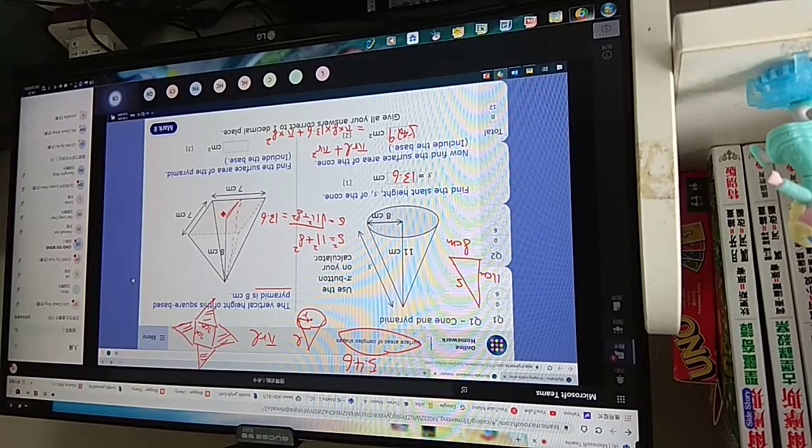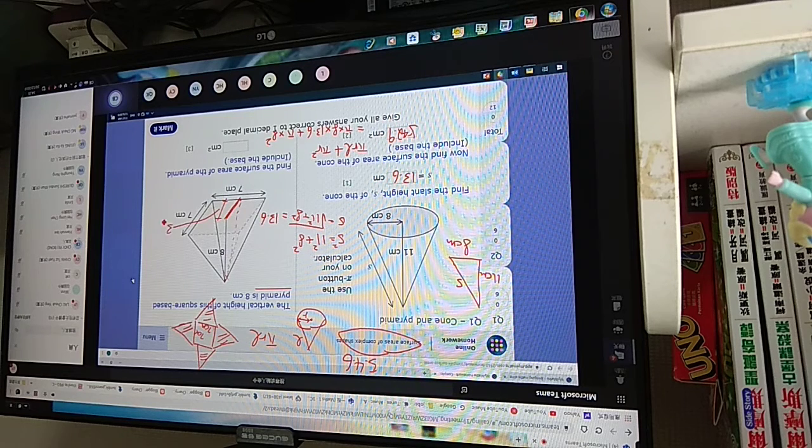Look here, this is 3.5 cm because the overall length is 7 cm, so half of the length is 3.5 cm.